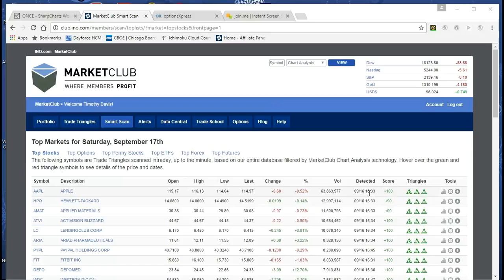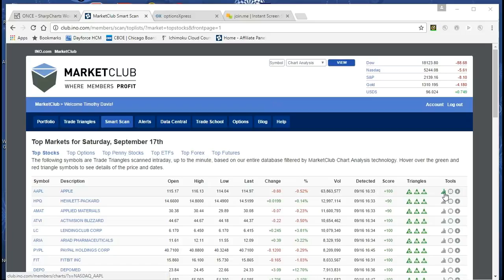So it got its last detection on September the 16th at 4:33 in the evening. This is military time, 16:33, which shows that it's still in a strong trend as of 4:30 p.m. on Friday. The trend was still strong.